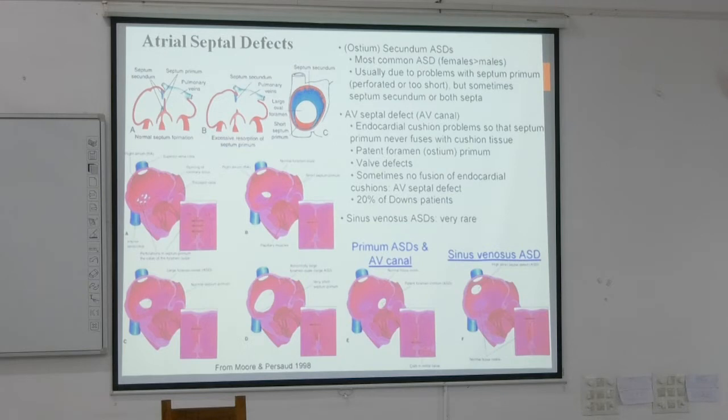A very rare or third variety is when we have a problem which is associated maybe with Down's patients, where this particular sinus venosus, which is going to be absorbed within the right atrium, is faultily formed, and that leads to the formation of this particular ASD.